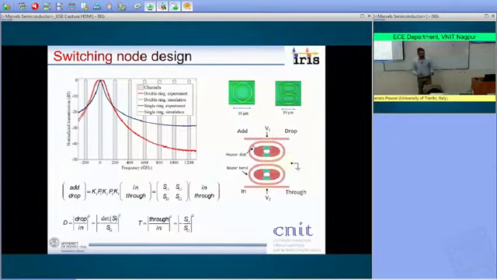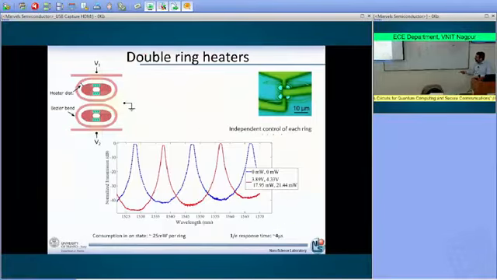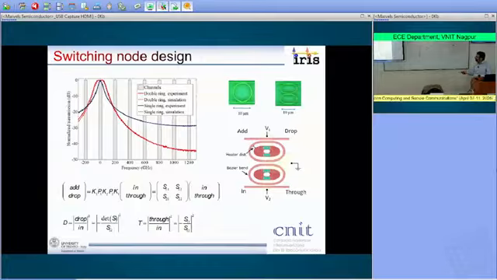So in order to increase the rejection rate, so in order to decrease the quantity that adjacent wavelength channels are affecting the proper channel that we are addressing, what we ended up with was a sequence of two microring resonators.